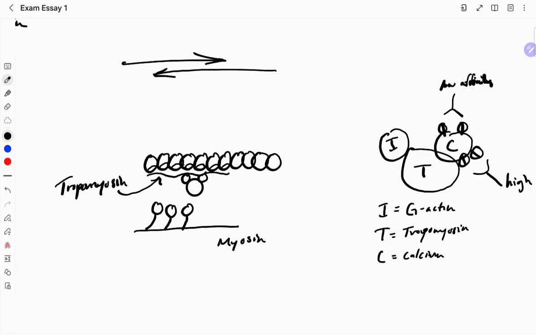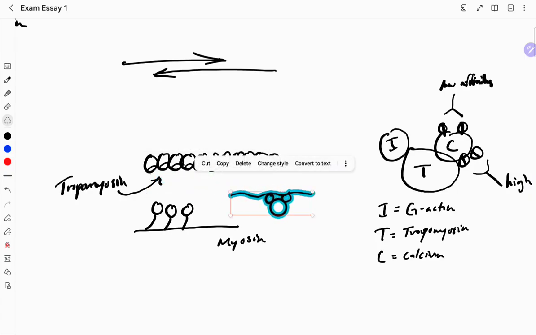So when that happens, troponin pulls this tropomyosin out of the way, and these myosin heads are able to bind. So it looks something like this. This would get moved out of the way. And now these myosin heads can bind to the F-actin.